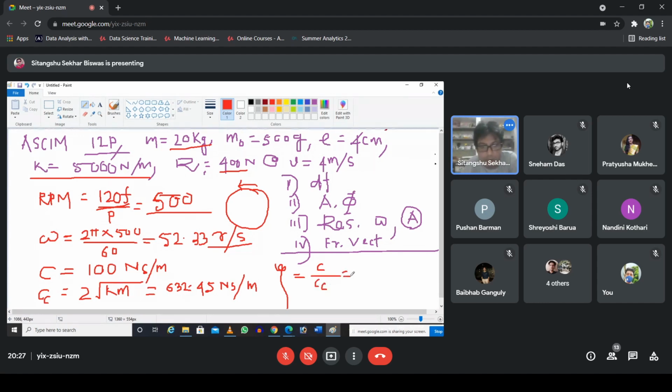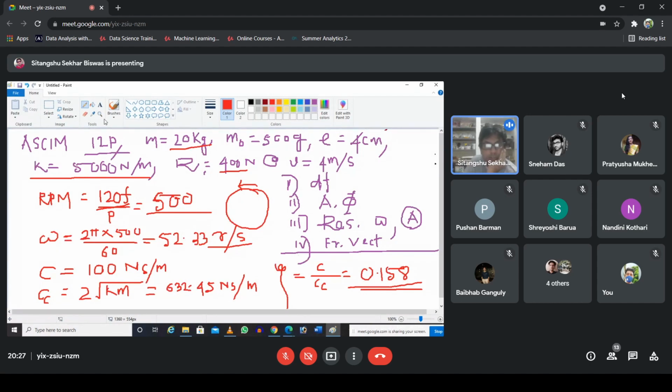How much is it? 0.158. So this is the damping factor. So you see, it is under damped.